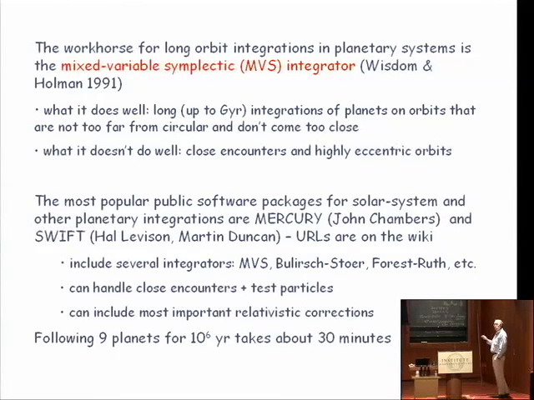One of the problems in the homework exercise is to do a simple integration using Mercury. Typically, if you want to follow the solar system for 1 million years now, you can do so in about 30 minutes. So integrations for the whole life of the solar system, 5 billion years, are a pretty major undertaking of some months, but perfectly feasible.